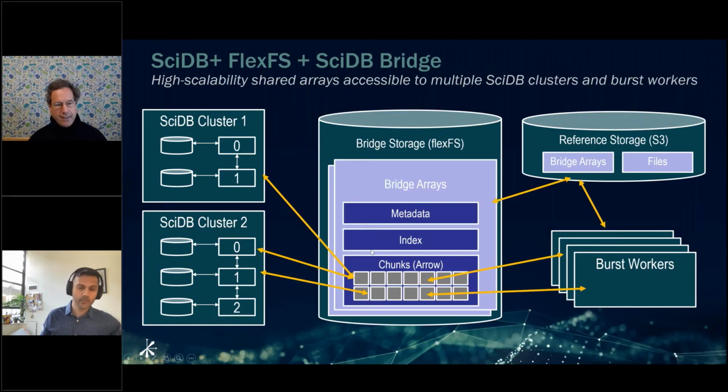And then finally, this really captures the main concept of being able to have multiple different SciDB clusters reading from this shared file storage, the chunked data, so that you're not transferring all the data, just the pieces that you're interested in. So we'll take advantage of this whole concept of chunking and then serving burst workers.